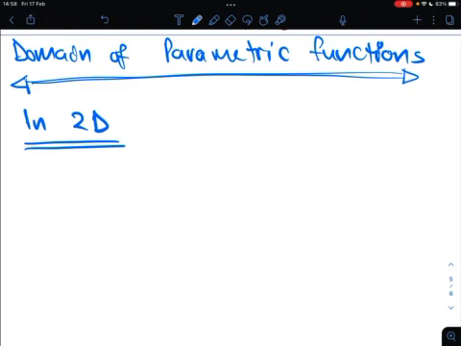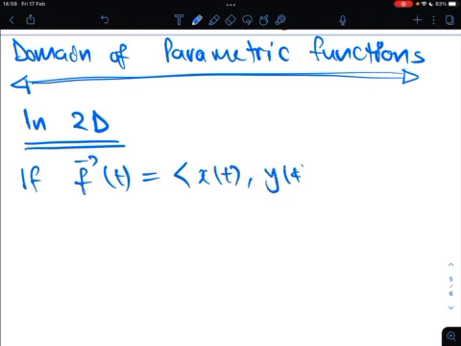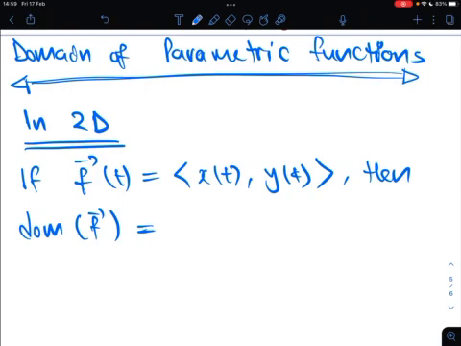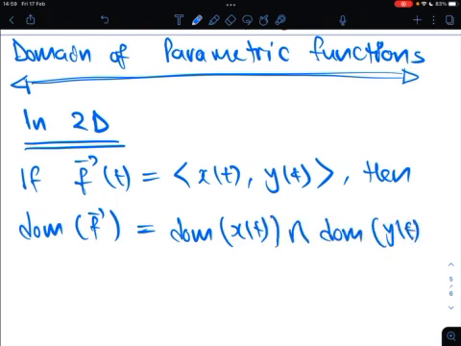In two-dimensional space, if you have the following parameterized vector function in the form x(t), y(t), then if you want to find the domain of this function, which I will write here as the domain of f arrow, you should always know that the domain of f arrow is given by the domain of the function x(t) intersecting the domain of the function y(t).